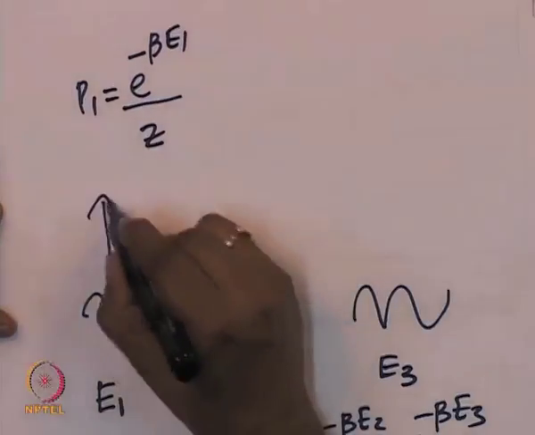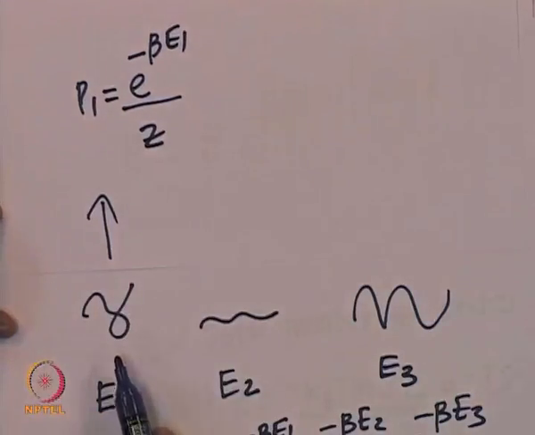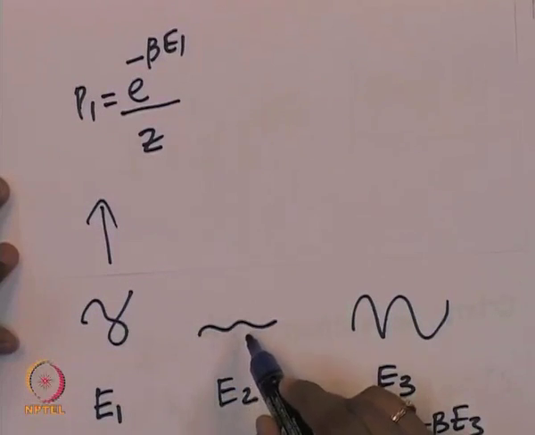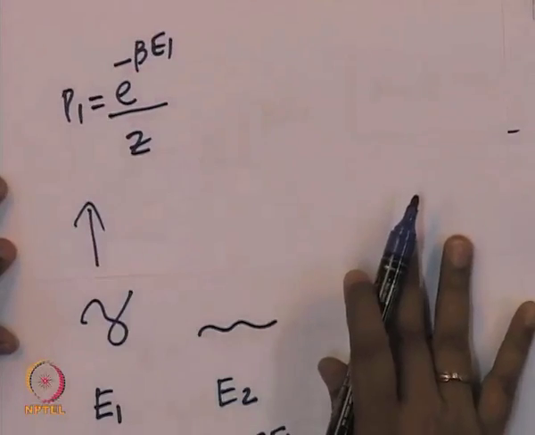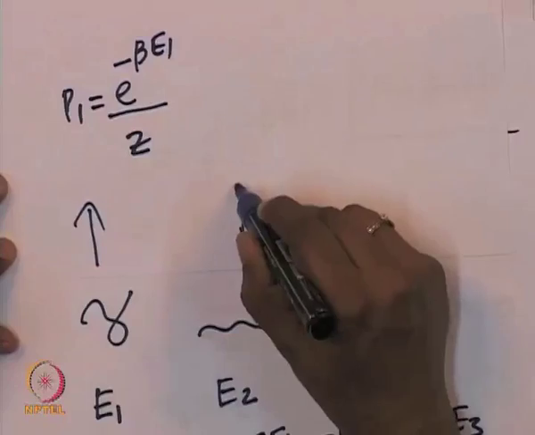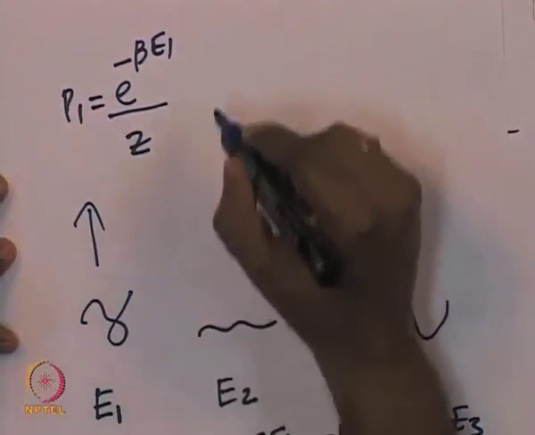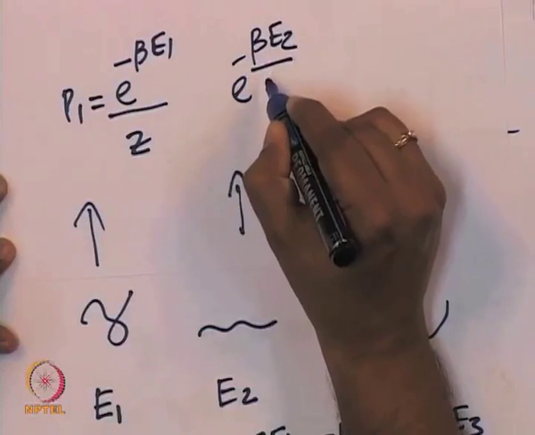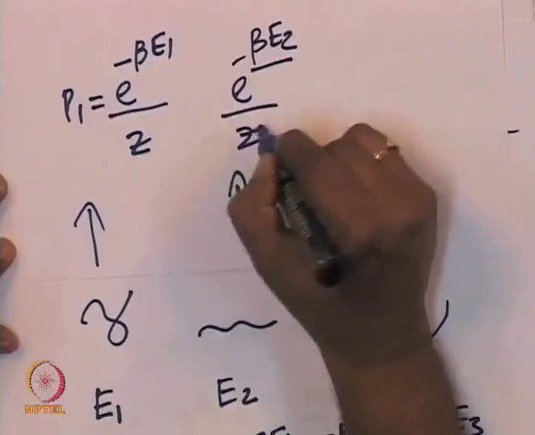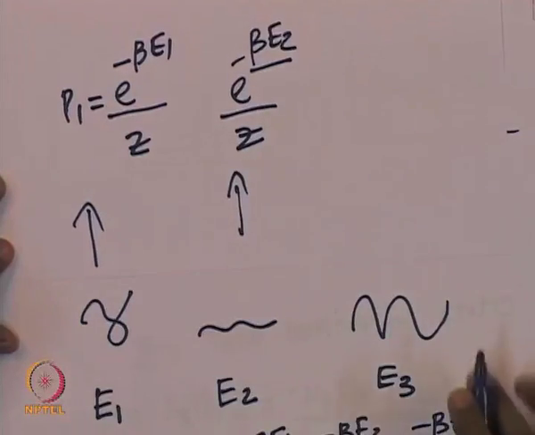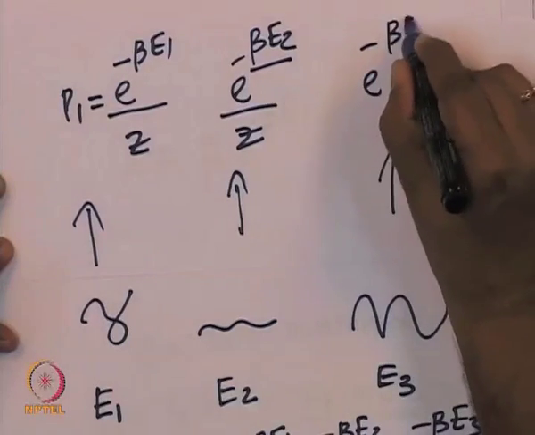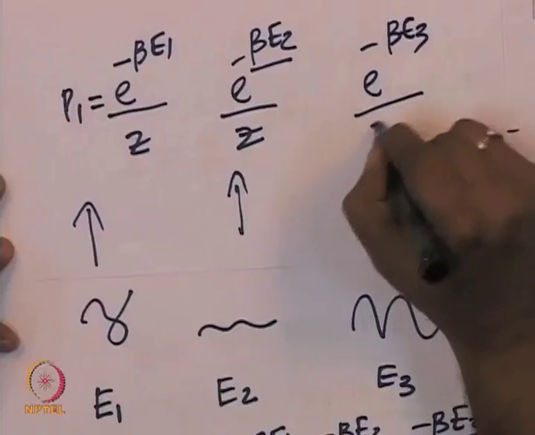The probability of finding the system in the state which has energy E2 is e power minus beta E2 divided by z, and the probability of finding it here is e power minus beta E3 divided by z.